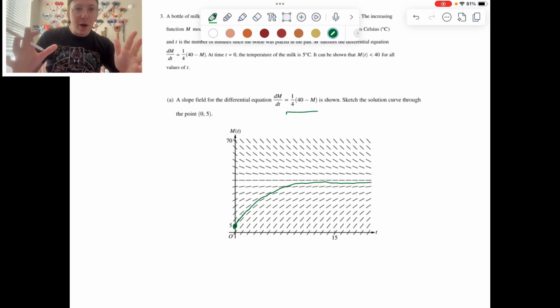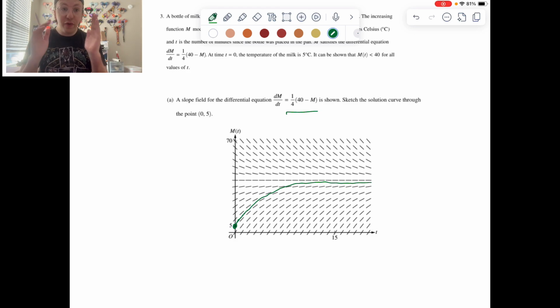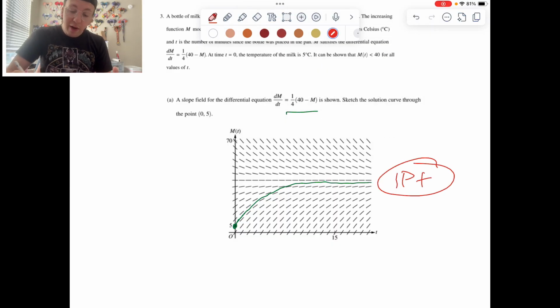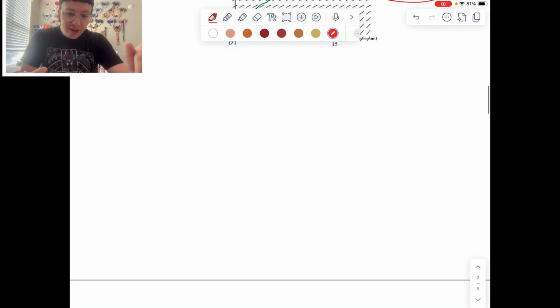All right, let's now talk about how these AP graders graded this FRQ. So for the first question, this is where we drew our slope field. You got 1 point only for drawing your particular solution through 0,5. Pretty simple stuff there.